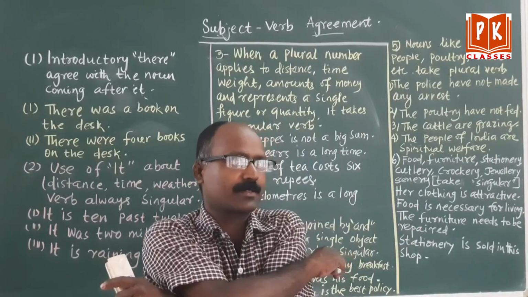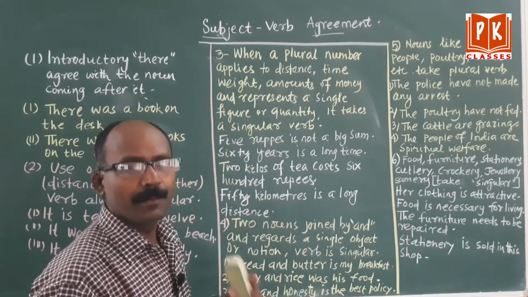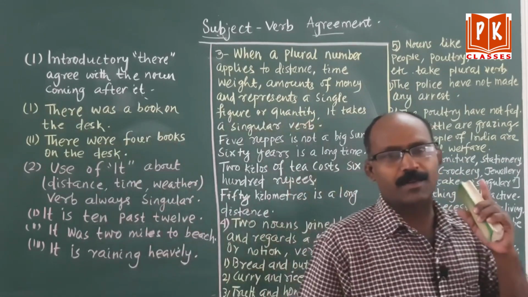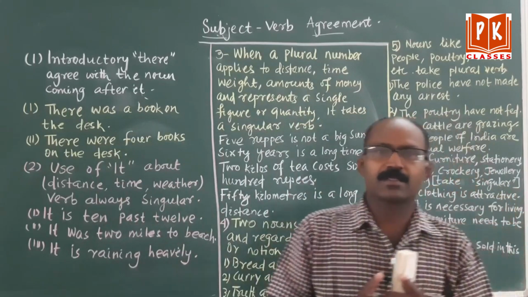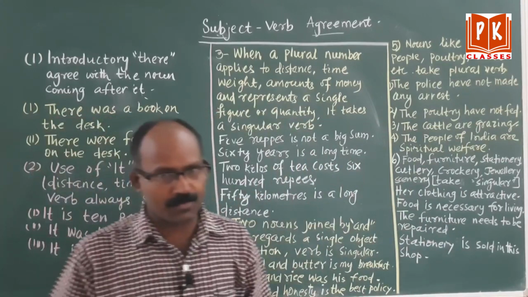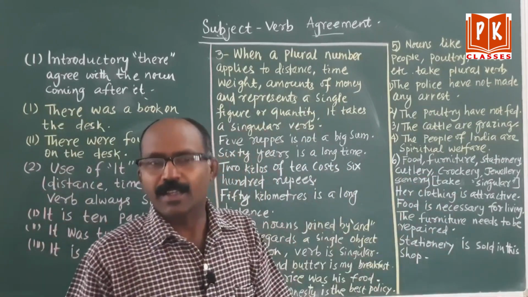Like that, in our English language, in every sentence a subject is there and a verb is there. If the subject agrees with the verb, or the verb agrees with the subject, then that sentence will be right.